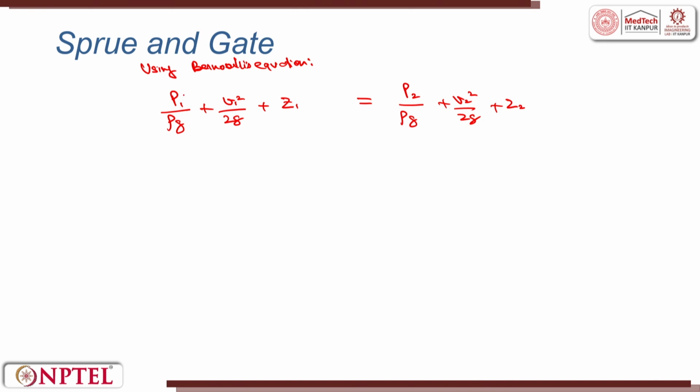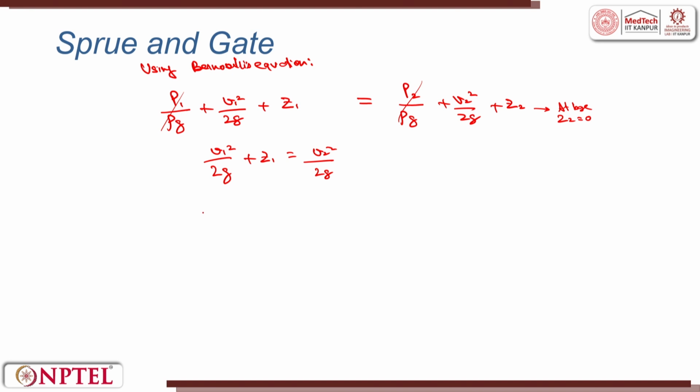One thing is, this is crossed here, since P1 is equal to P2 is assumed, and Z2, this is at base, that means Z2 is equal to 0. We are left with V1 square by 2g plus Z1 is equal to V2 square by 2g.